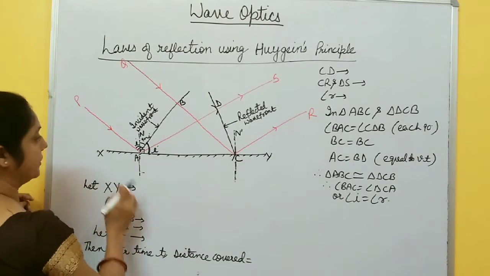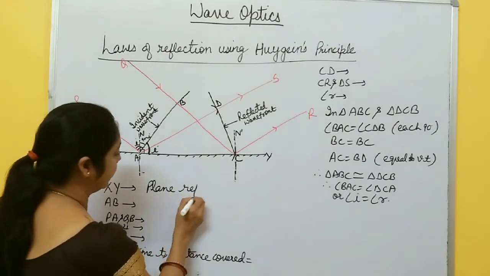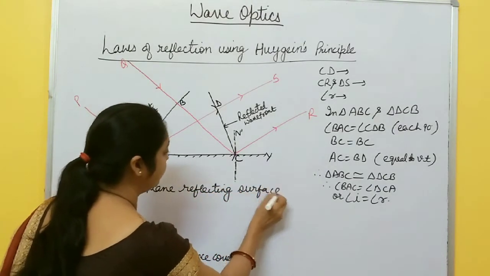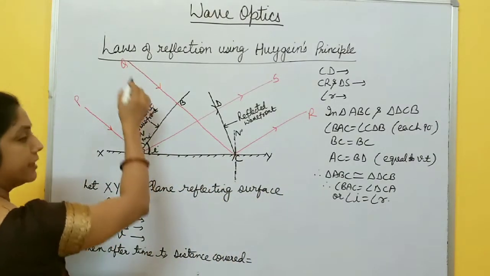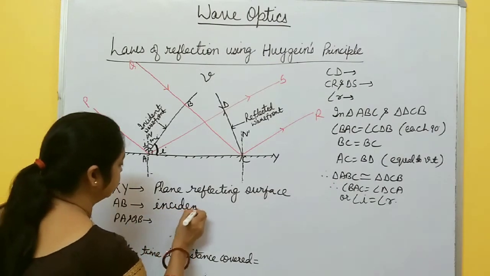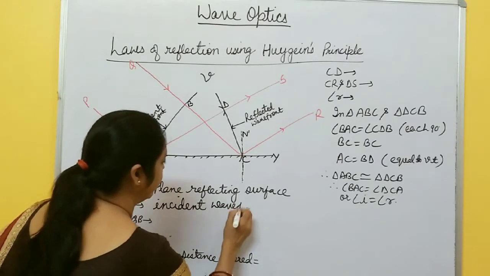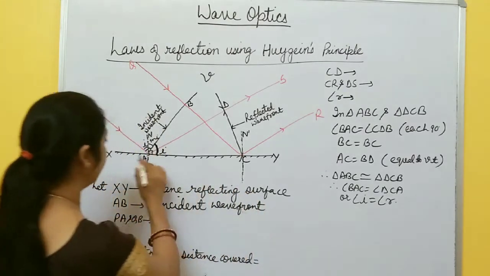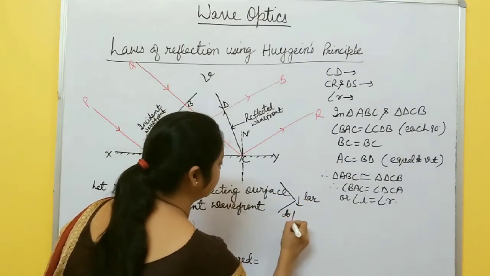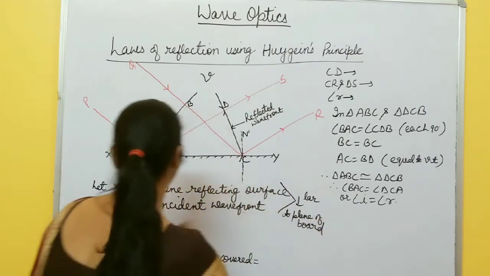So you can write here first: XY is a plane reflecting surface, and on this plane reflecting surface, a wavefront is incident. So AB is the plane incident wavefront. This plane incident wavefront and the reflecting surface XY are both perpendicular to the plane of the board; you write the plane of the paper.